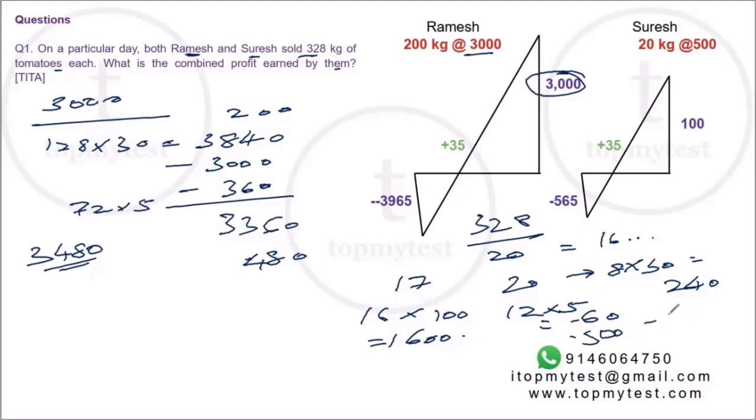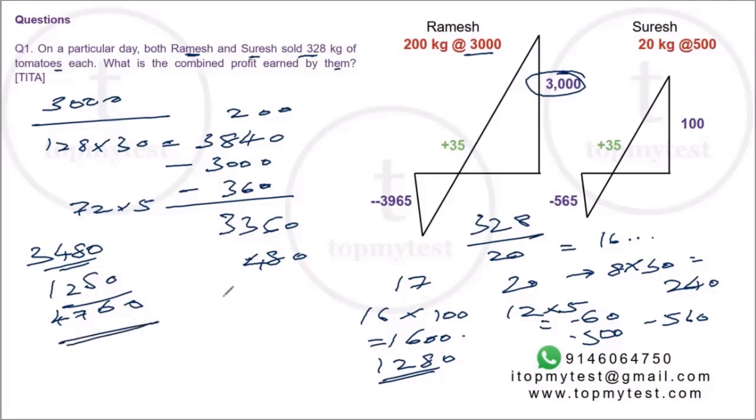So minus 560 here. 1600 minus 560 is 1040, plus 240 will be 1280. That's his profit. Combined profit will be this plus 1280, that's 474760 will be the combined profit.